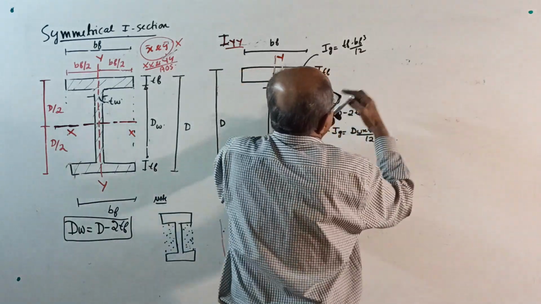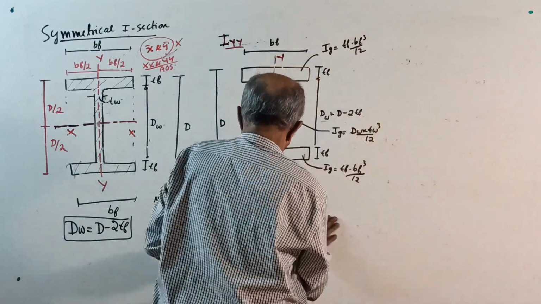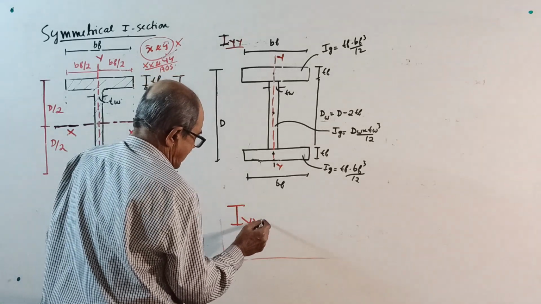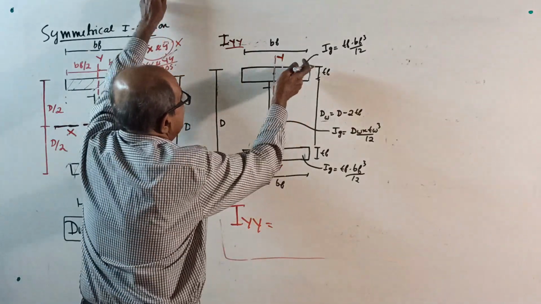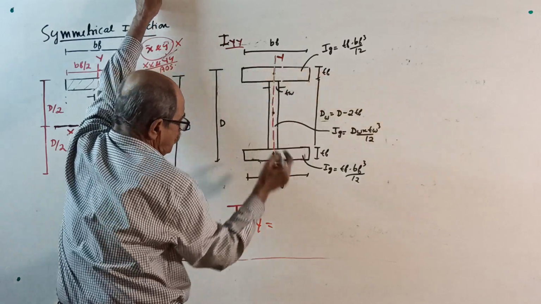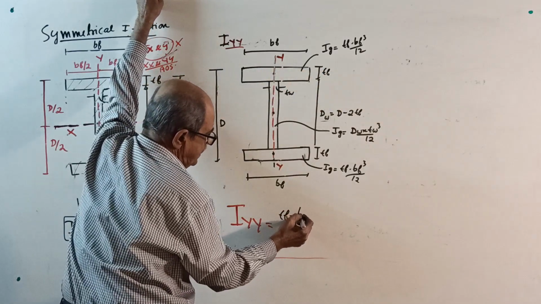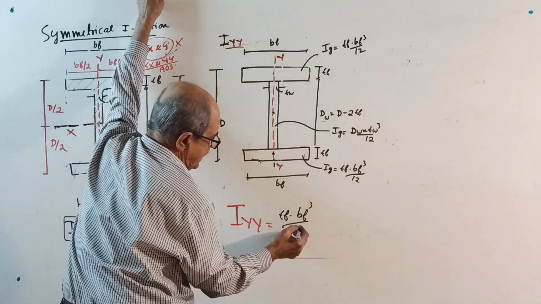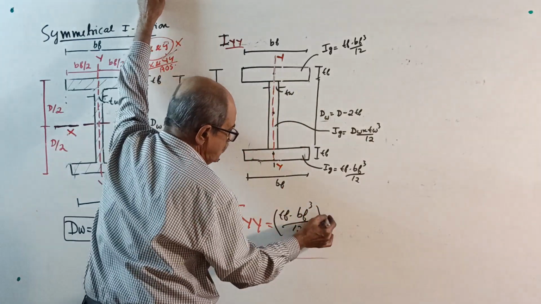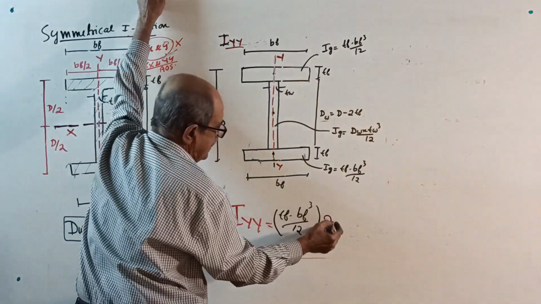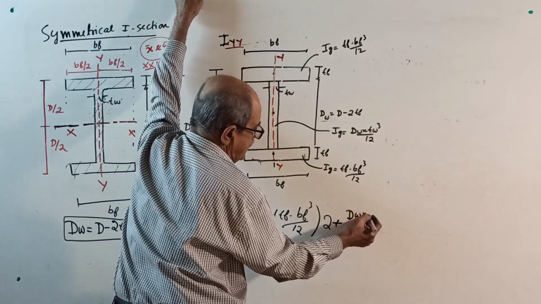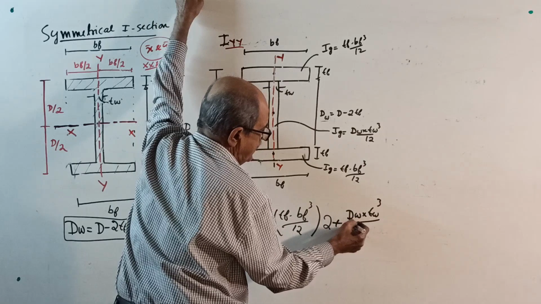Therefore, directly, I about YY equals: you do it like a normal rectangle, Tf into Bf cube by 12, and there is one more identical part here, so multiplied by 2, plus dW into Tw cube divided by 12.